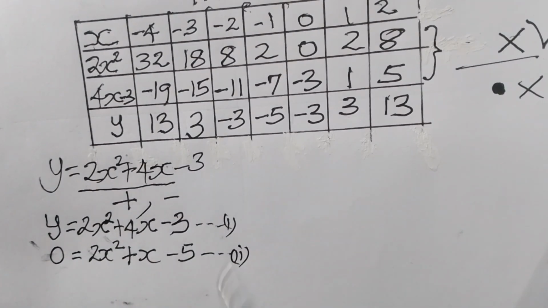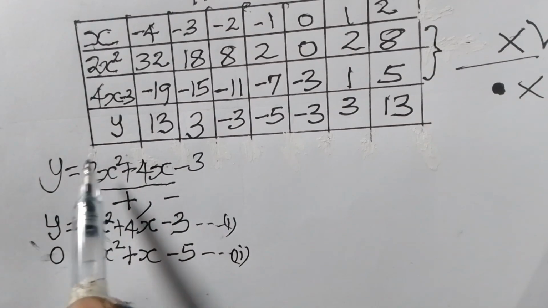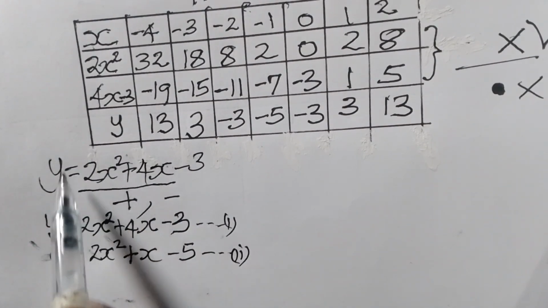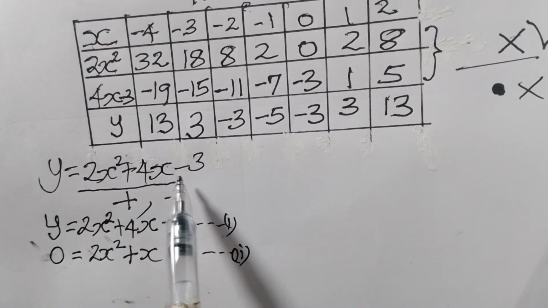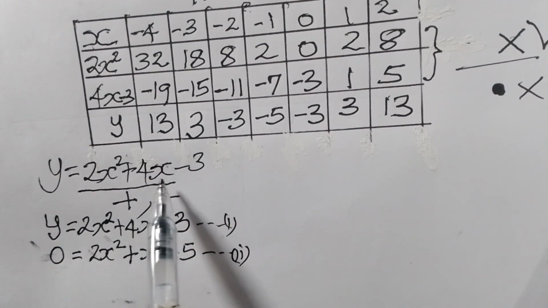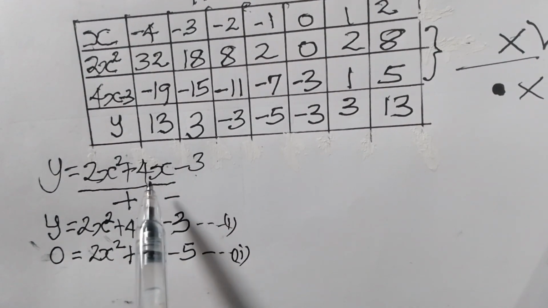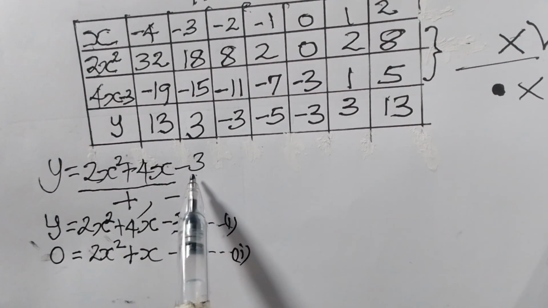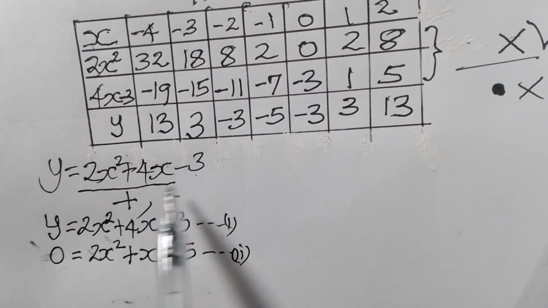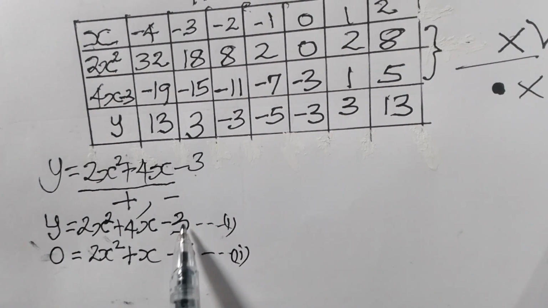What I mean is this: if I eliminate 2x squared here, we are going to get a linear equation. Y is equals to 4x minus 3. And the last question is telling us to draw a straight line. So how do we get a linear equation from these two equations that we have?